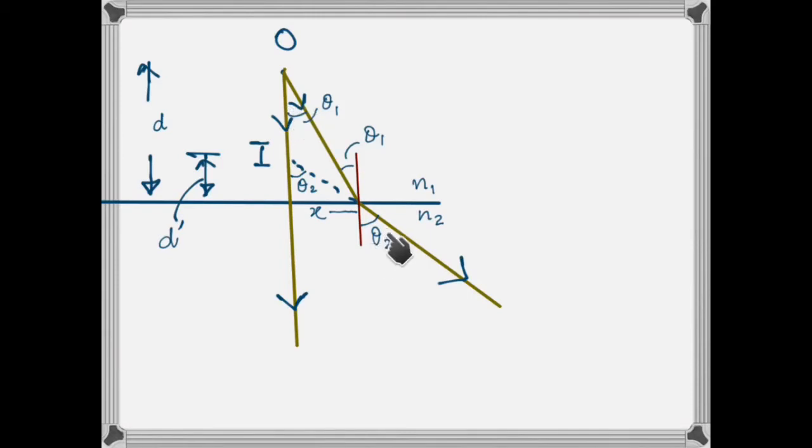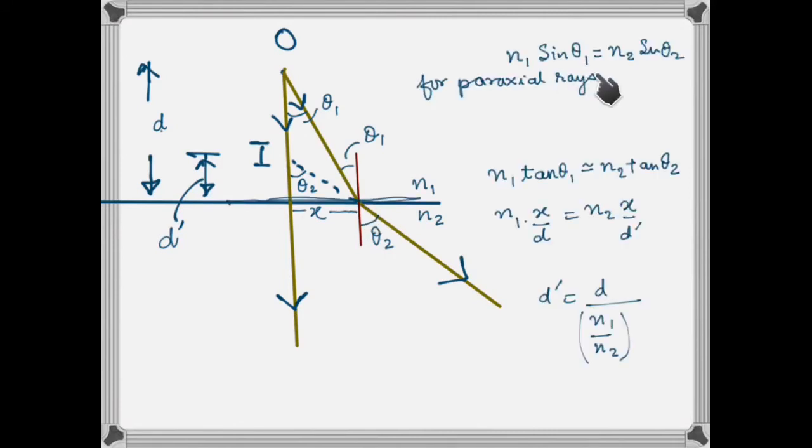And suppose this angle is theta 2, so this will also be theta 2. You can verify these two are again parallel rays, and this ray is a straight line, so these are corresponding angles. Now if you apply Snell's law at this point, this will be n1 sine theta 1 equal to n2 sine theta 2.